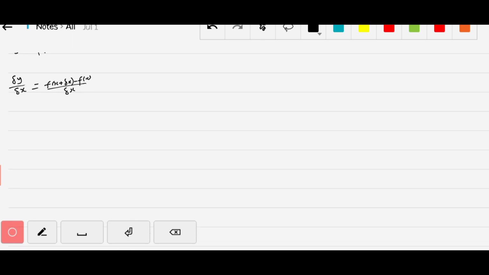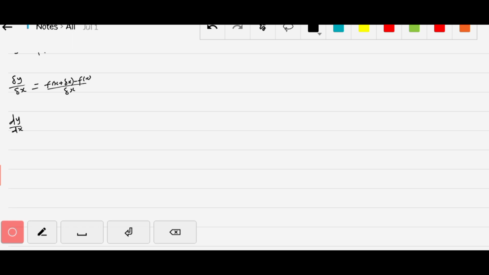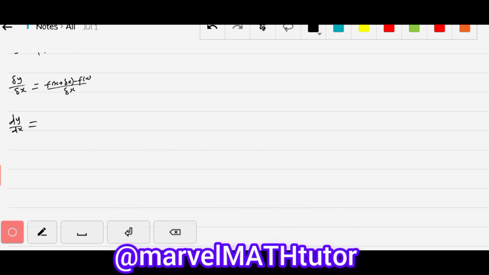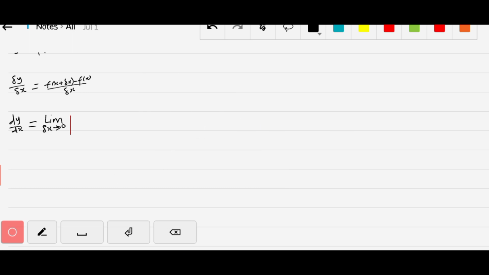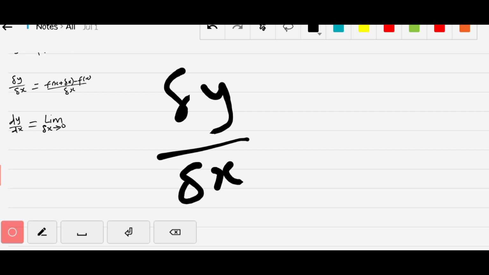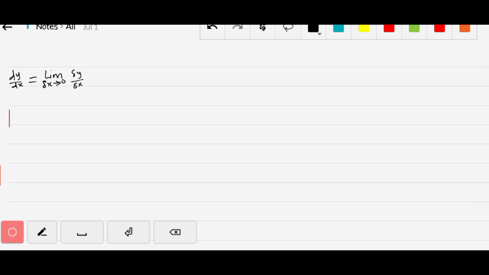Taking the limit as change in x approaches 0, change in y all over change in x gives us the differential coefficient, which is dy over dx.